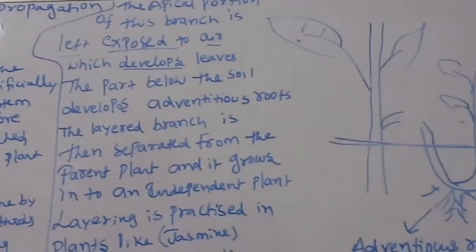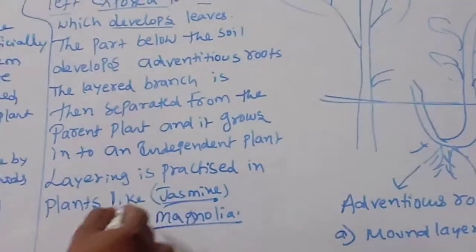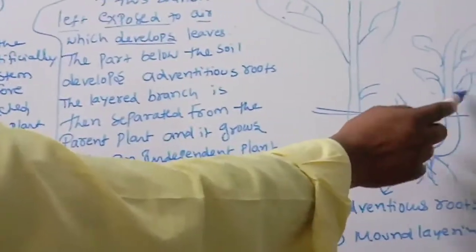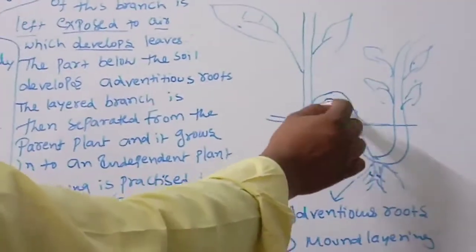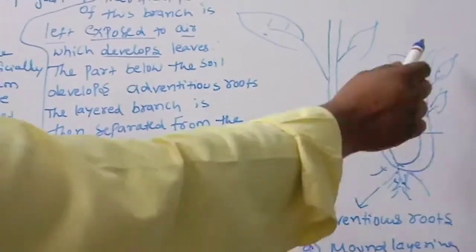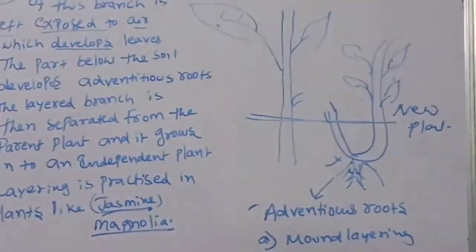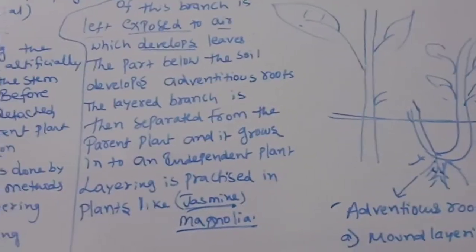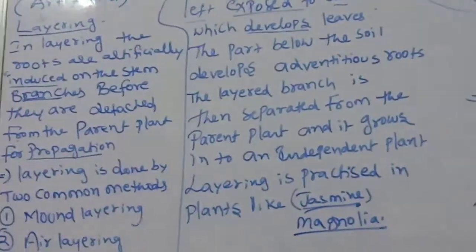This kind of layering is practiced in plants like jasmine and magnolia. After bending, we cut this one, and this will become a new plant. This kind of layering is called mound layering.